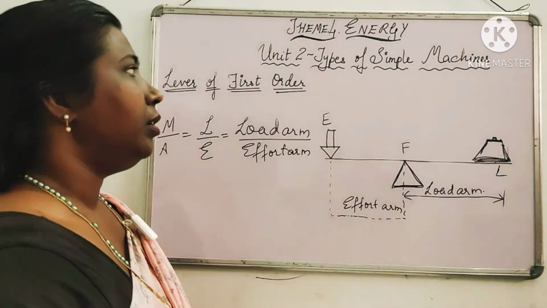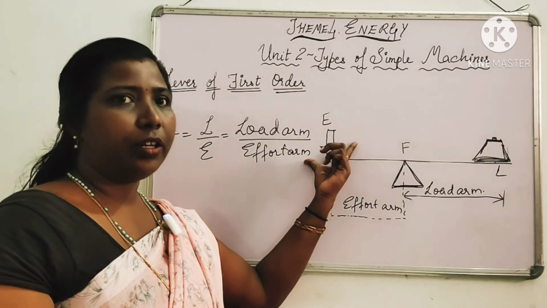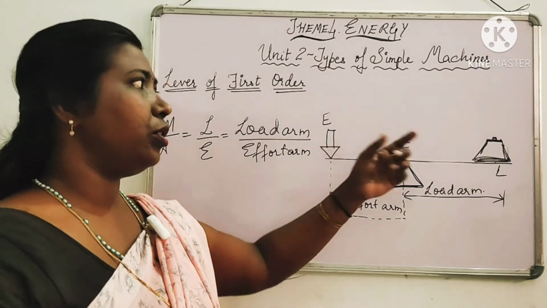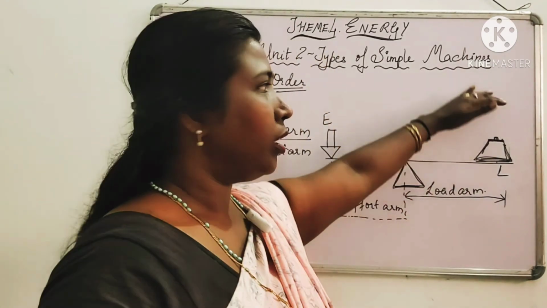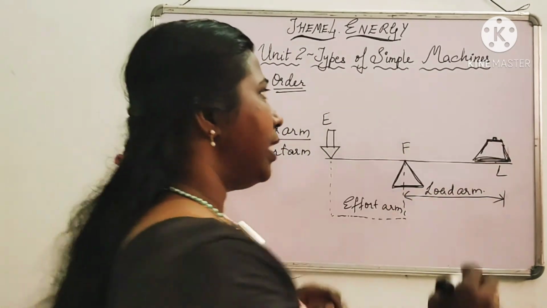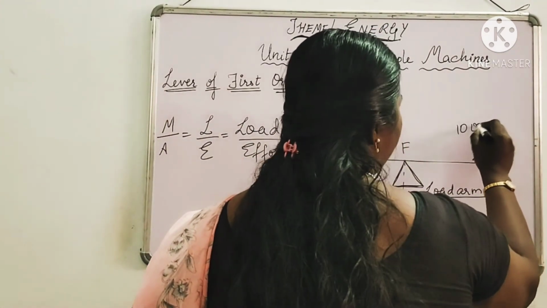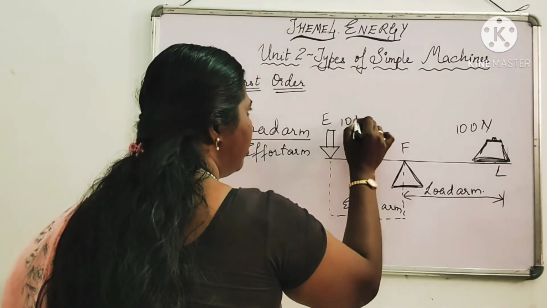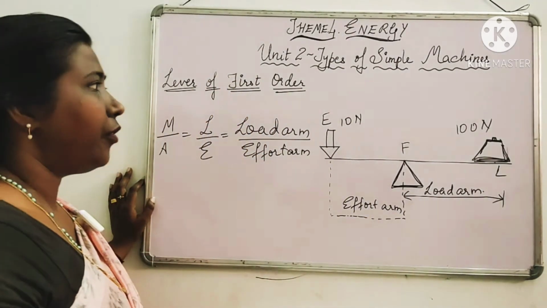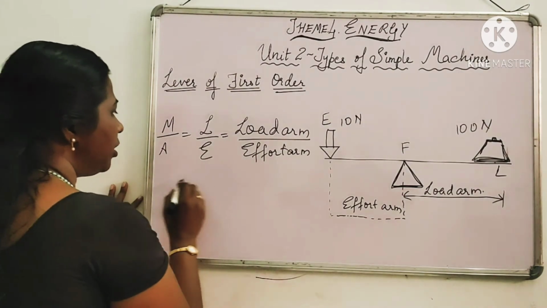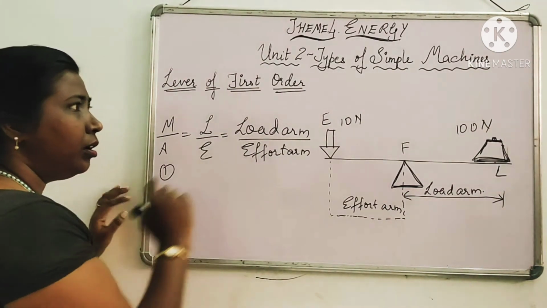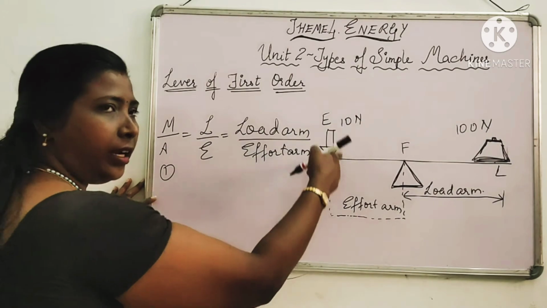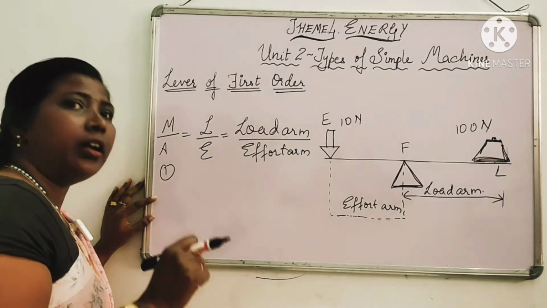Now for example, if I am putting a load of 100 Newton here, and I am putting an effort of only 10 Newton. First case. Now what will be the first case? 100 Newton load and 10 Newton effort.